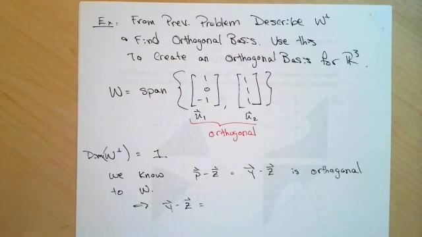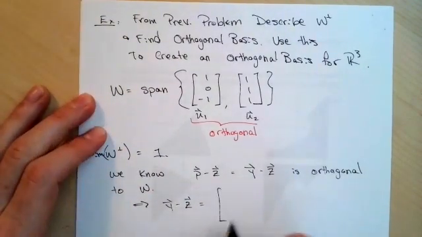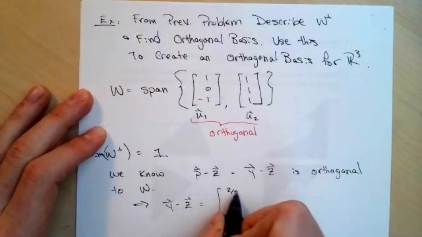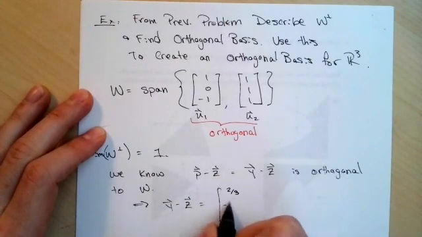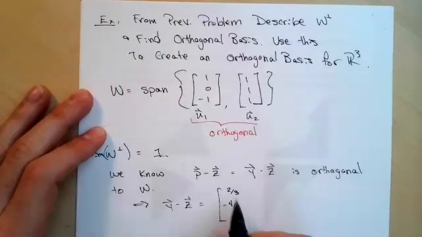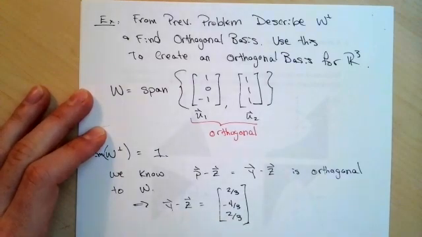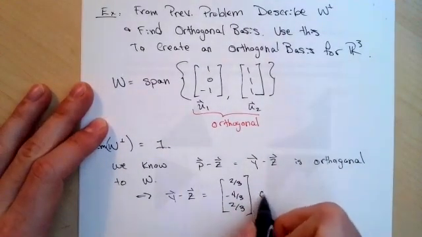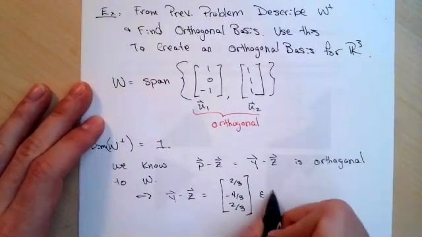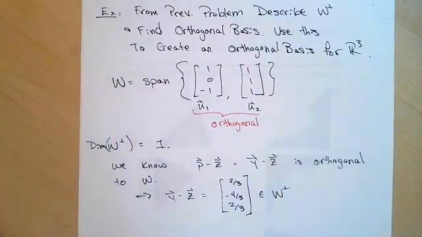That was, we got 2/3, -4/3, and 2/3. And so we know that that vector is in W perp.